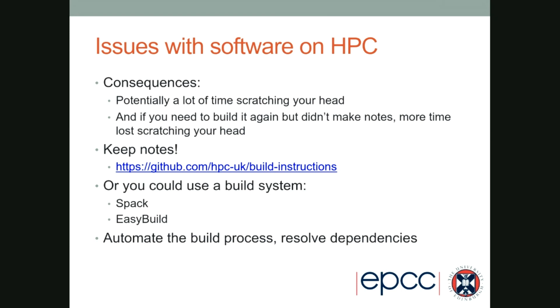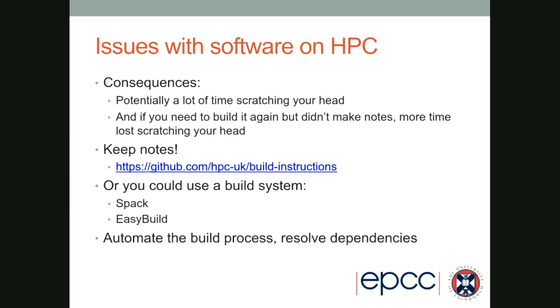We're going to talk about two here, which are, of course, in the title of this session: Spack and EasyBuild. These automate the entire build process, resolving dependencies along the way. They will create module files for you, so your users can immediately jump in and start using whatever you've just built. They come with some extra neat bits on the side.